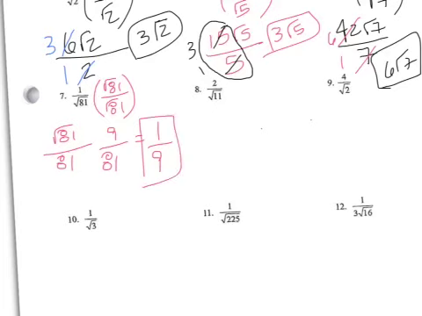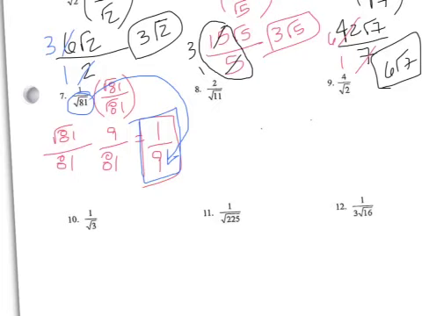Now, the interesting thing about doing it that way is there was a shortcut on this question. 81 is already a perfect square. So if you wanted to, you could take the square root of 81, which is 9, and leave it in the bottom of the fraction. So the correct answer is 1 over 9. If you have a perfect square, you don't need to rationalize. You can actually just take the square root of the number.